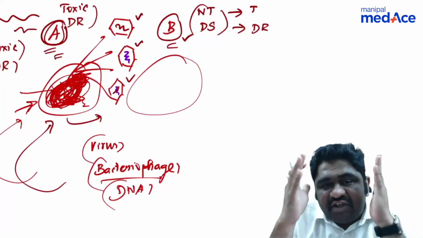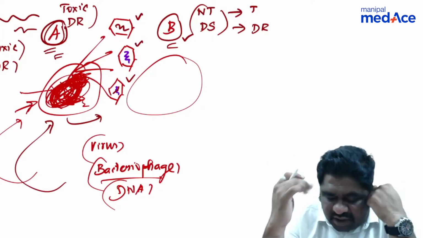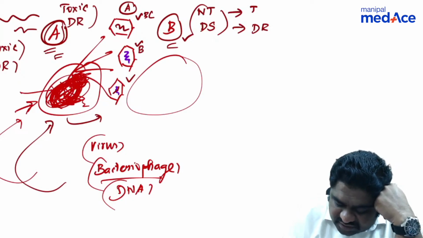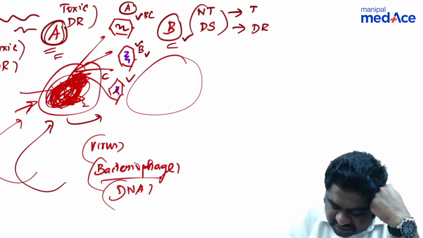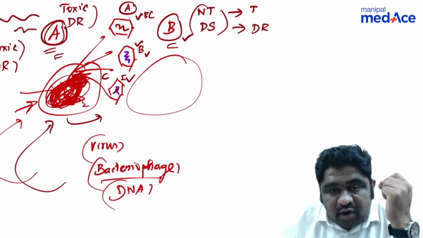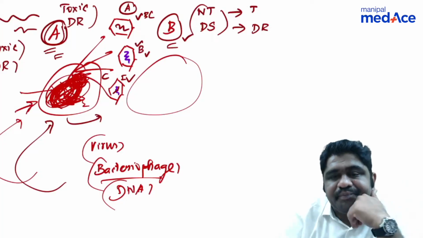Now tell me, which viral particle will not be able to transform the organism B? I'll write it here. You have A, which has only the bacterial chromosome. We have B, which has the viral chromosome. We have C, which has the combination. Out of A, B, and C, which one will not be able to transform the organism B like A?